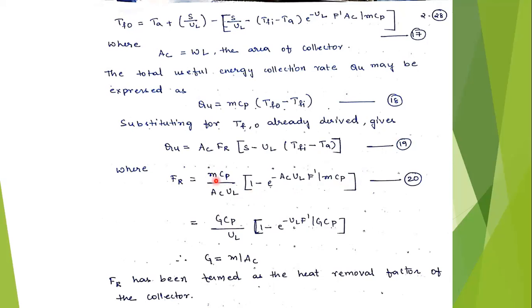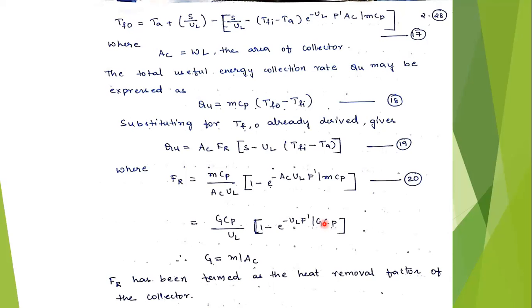Here I am taking m / Ac as G, so Fr = (G Cp / UL) (1 - e^(-UL F' / G Cp)). So this is termed the removal factor of the collector, and this is the thermal analysis and the total theoretical and practical analysis of a flat plate collector.